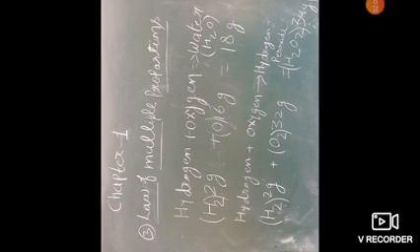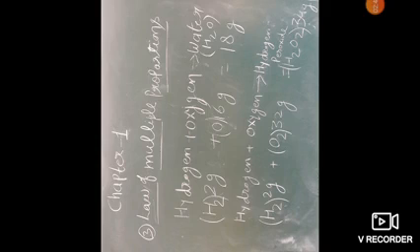It means two elements can combine to form more than one compound. The two elements combine with a fixed mass of the other element. Here hydrogen has a fixed mass, but oxygen has no fixed mass. So the masses of oxygen in those compounds are in the ratio of small whole numbers, like 16 and 32.